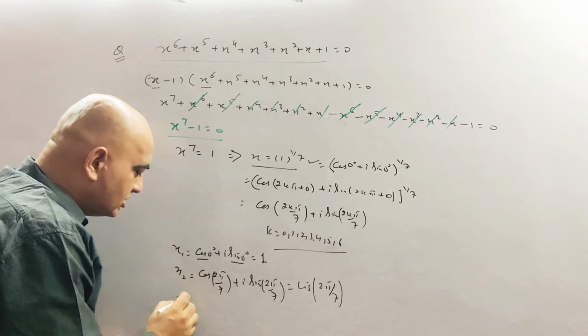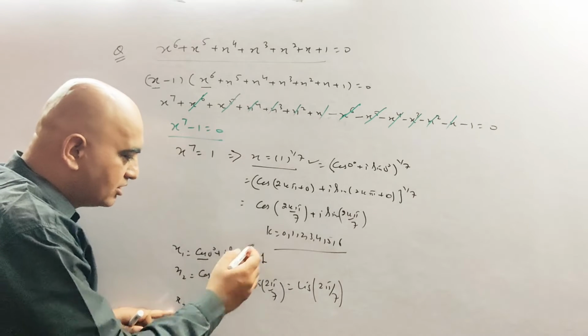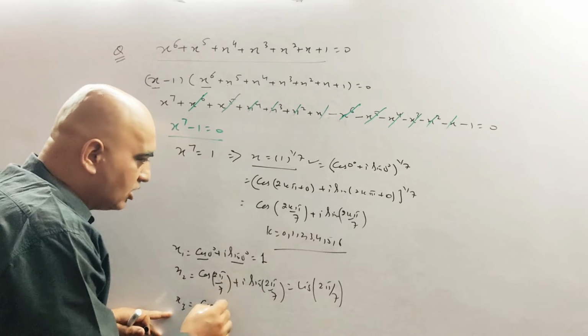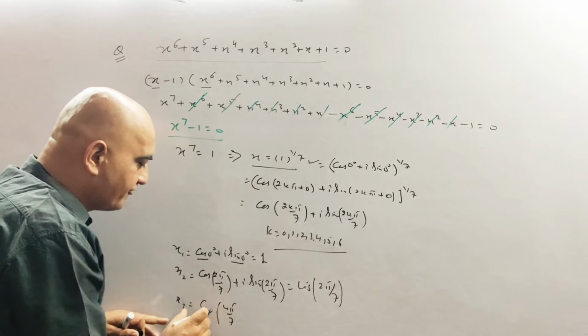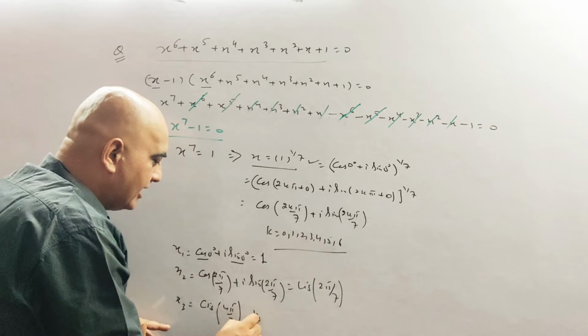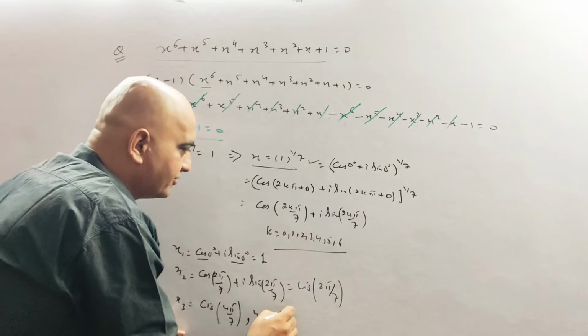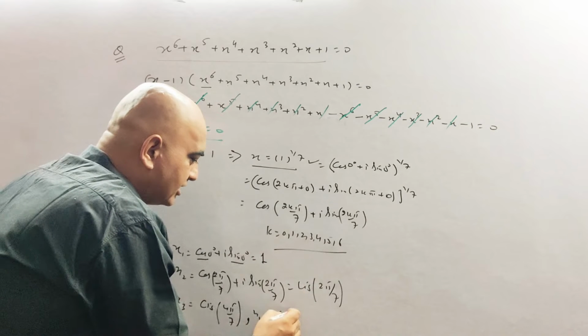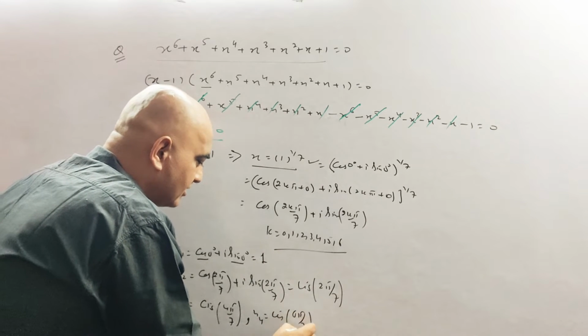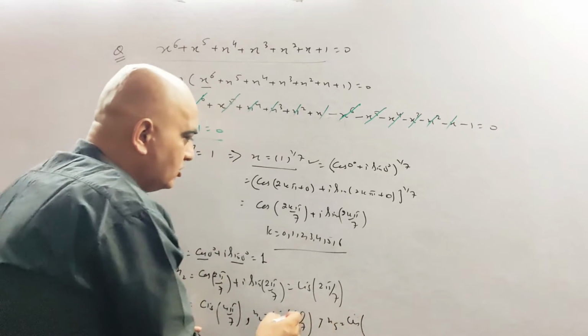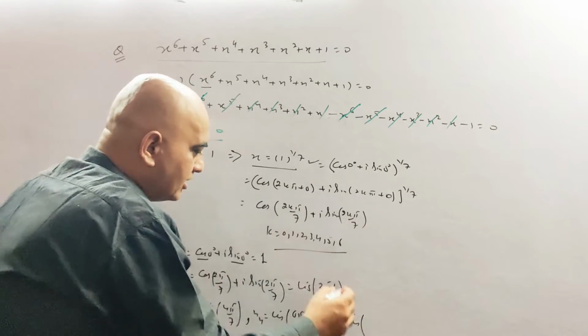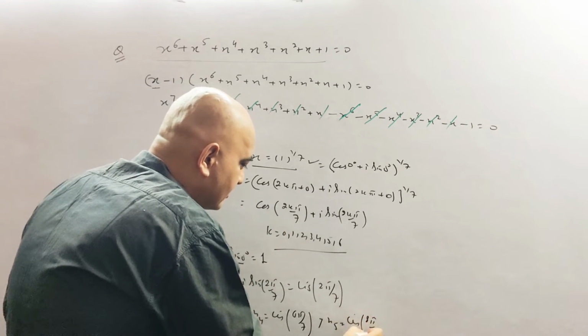It will be very lengthy job. So x3, sorry, third root, we can obtain whenever you put 2, that becomes cis of 4 pi by 7. And x4 becomes cis of, that will be 3, that is 6 pi by 7, right? X5 becomes cis of, you can replace 4 here, that is 8 pi by 7.